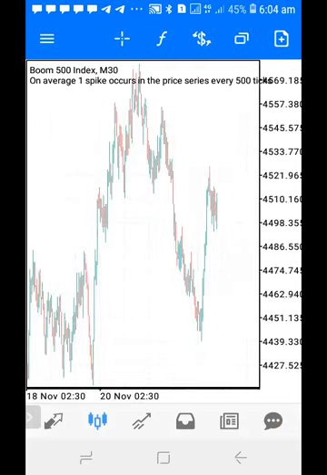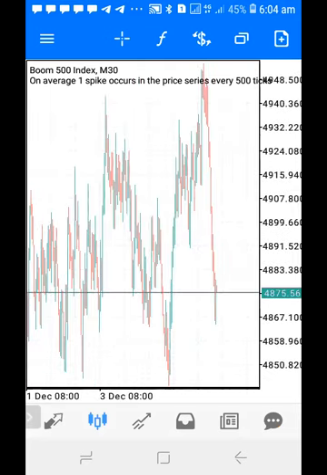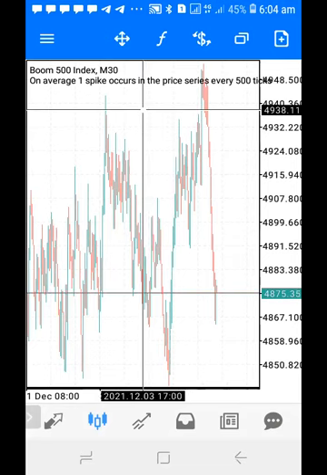We are on Boom 500, and you can see it dropping very well. Since it's dropping, you can't get a buy limit. Our buy limit order was set at 4873, I guess. I'm not sure.